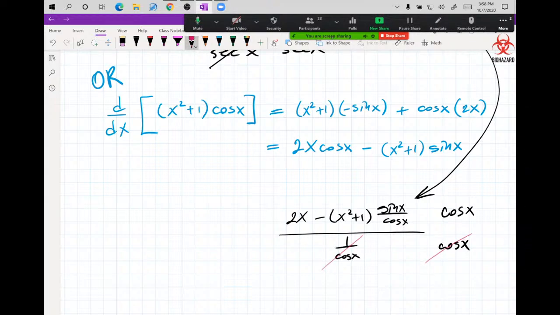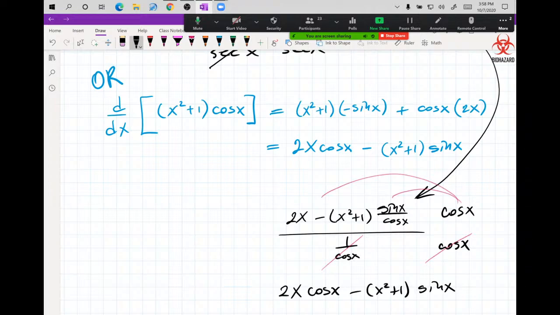Because in the denominator, it cancels. And on the numerator, it distributes on both terms while it cancels in the second one. So you will have 2x cosine x minus x squared plus 1, and then cosine and cosine cancel, and you just have sine x, which is exactly the same as the blue.